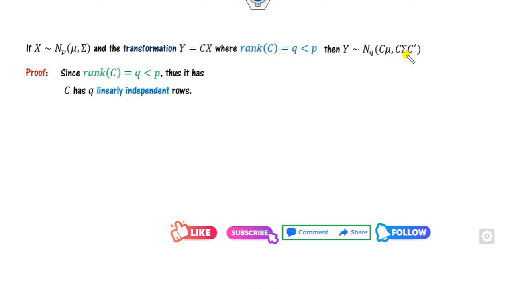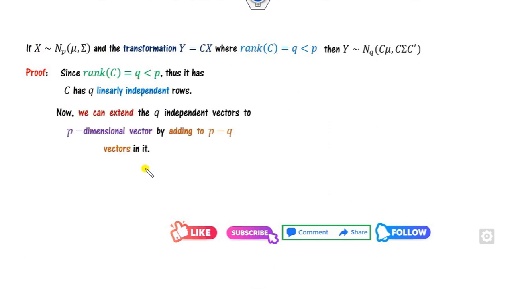And the rest of the things are similar. The proof is again very simple. Now what is the meaning of this rank of C? That means it has Q linearly independent vectors. Fine. Now because X is a part of P cross 1 vectors, I have to transform this into P vectors. So we can expand the Q linearly independent vectors to P independent vectors.